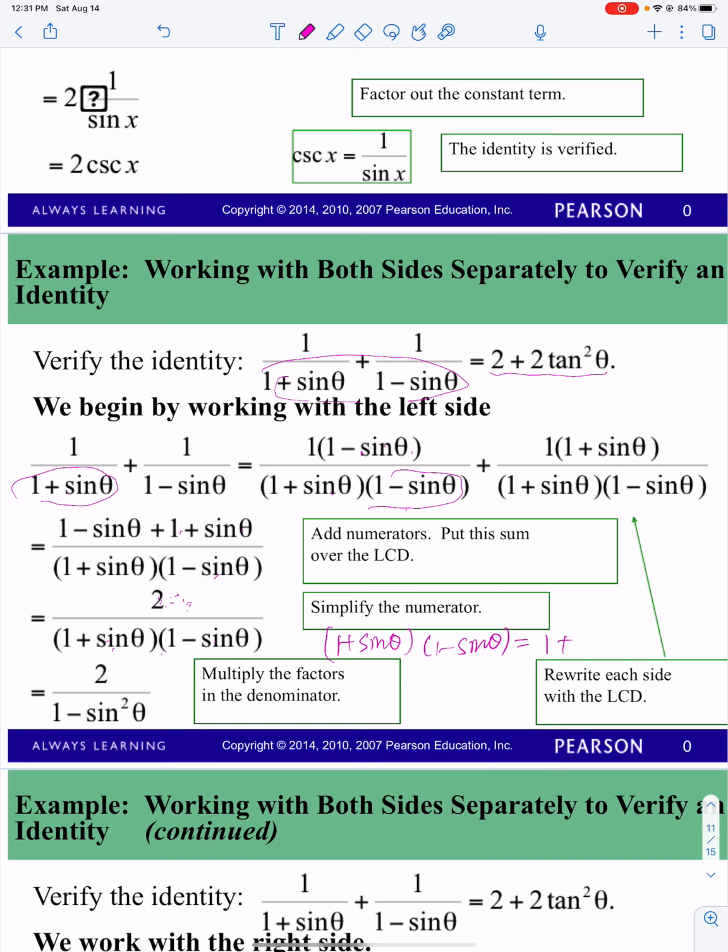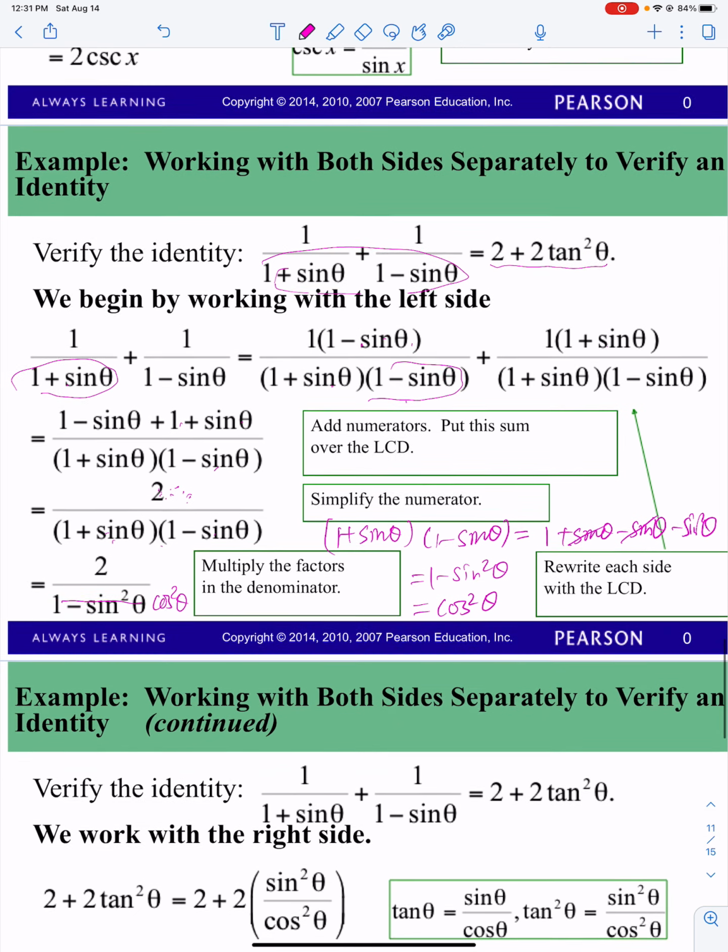It's 1 minus sine theta plus sine theta minus sine squared theta. Plus and minus cancel, what do you have left? 1 minus sine squared. What is 1 minus sine squared? Cosine squared theta. With me? So what we have here is 2 over cosine squared theta. What is 1 over cosine squared?